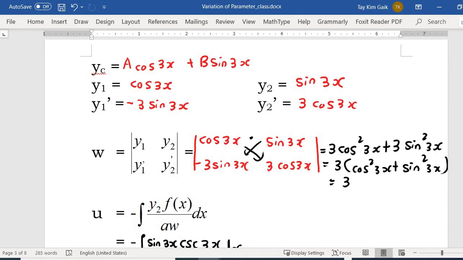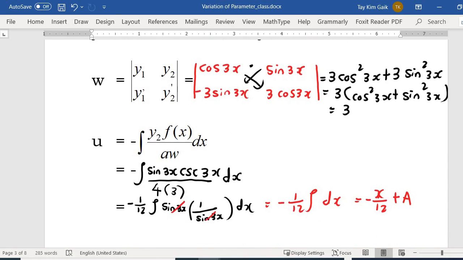The Wronskian is the determinant of a matrix with y1, y2 in the first row, and the second row is the derivatives of the first row. You calculate it like the determinant of a 2 by 2 matrix. After that you just plug into the formula to find the u, which is negative integral of y2 fx over a w.